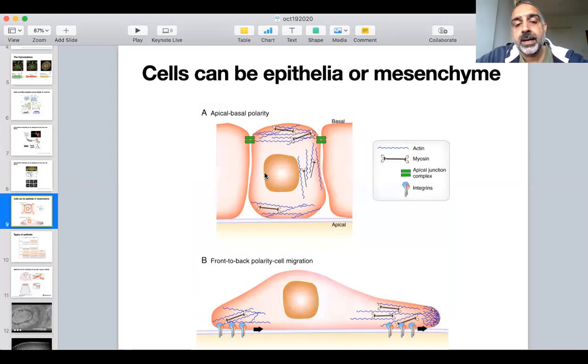So things like protein secretion will happen either apically or basolaterally. A particular protein that needs to be secreted will either be secreted to the apex or to the base. It will never be secreted in both directions.